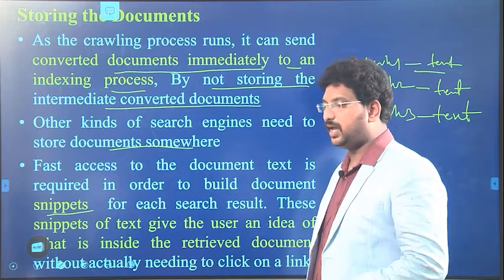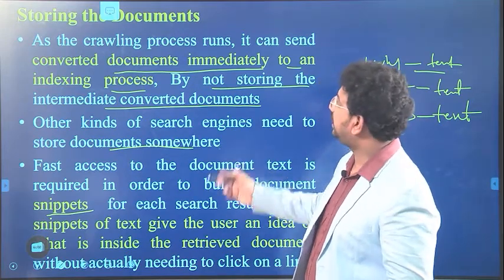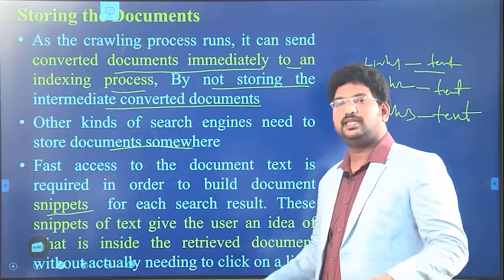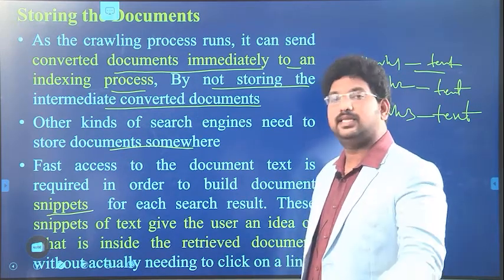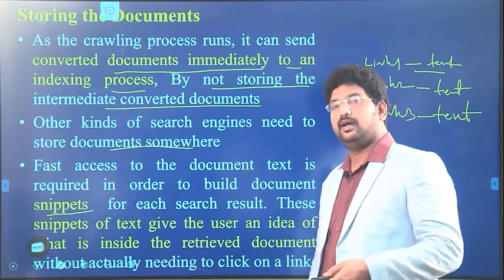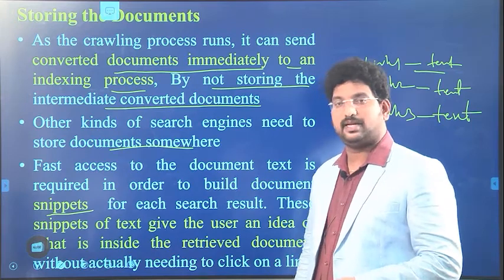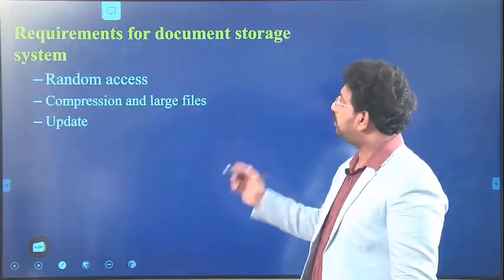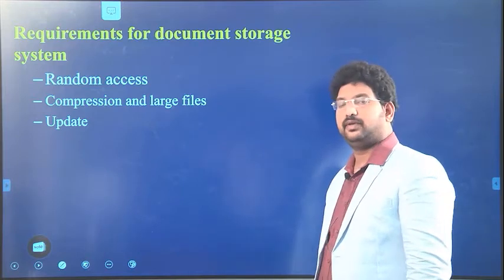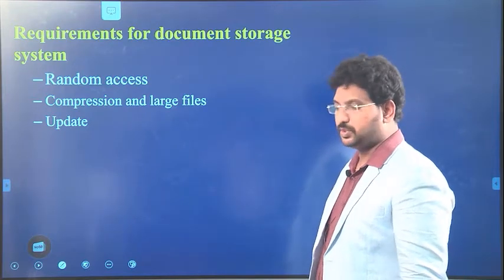So what we are trying to understand from this slide is that as part of desktop search, there is no necessity of storing documents, but the remaining search engines may need to store the converted documents in one place as part of the requirements for the document storage system.